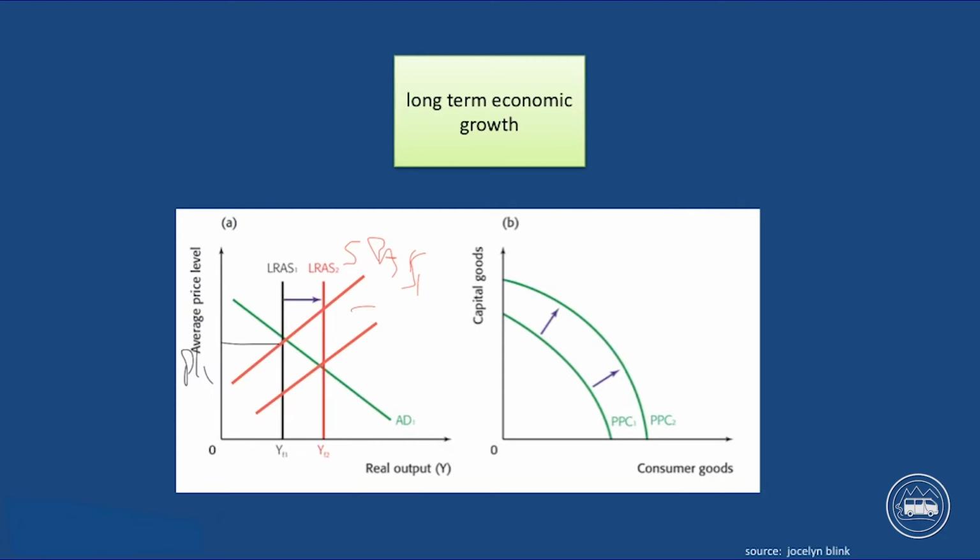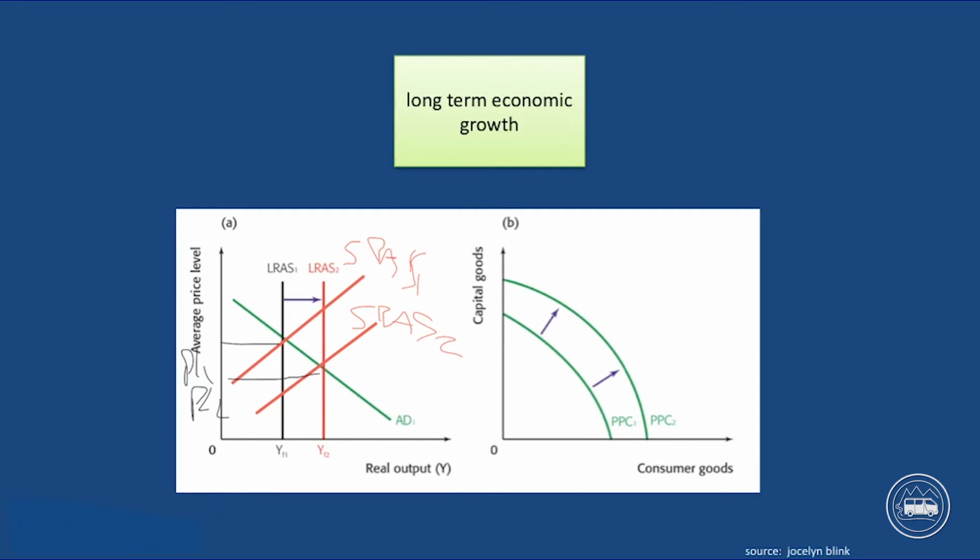This is going to be SRAS2, and also a new macroeconomic equilibrium of PL2, YF2. So you have good deflation, a drop in the average price level, as a result of increasing the capacity of your economy. That's how you show long-term economic growth on the neoclassical model.